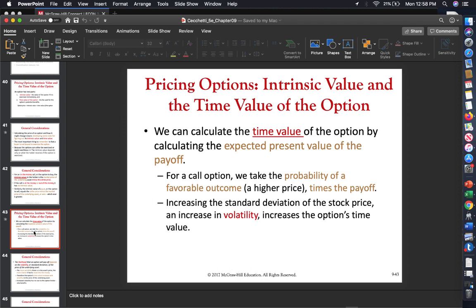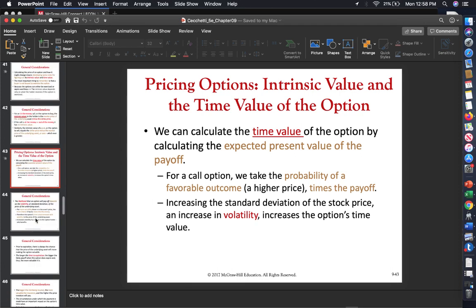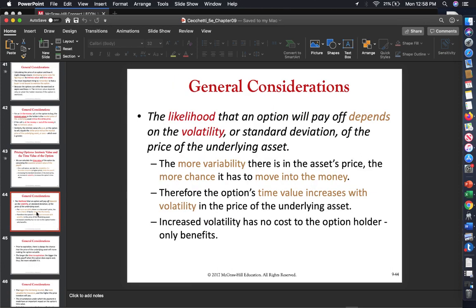So it means both the chances that the option price becomes in the money for a call option, which means it goes above the strike price, as well as the probability that the option goes below the strike price of a put option, which makes it in the money, also increases. So that is also something important to know.